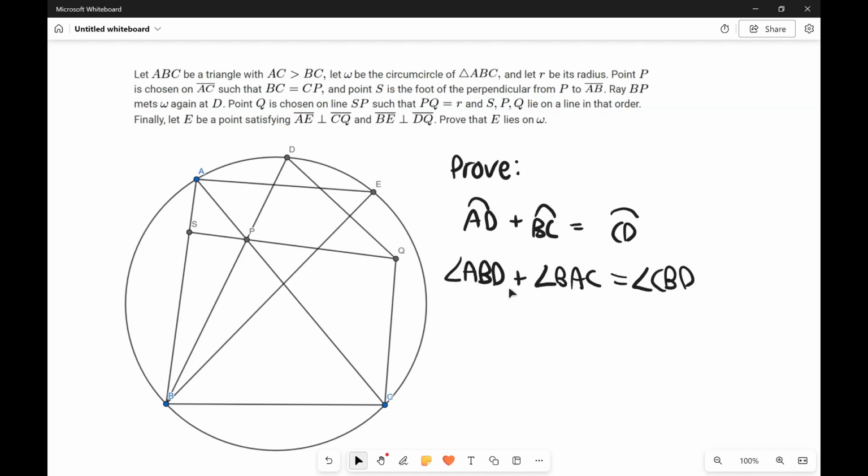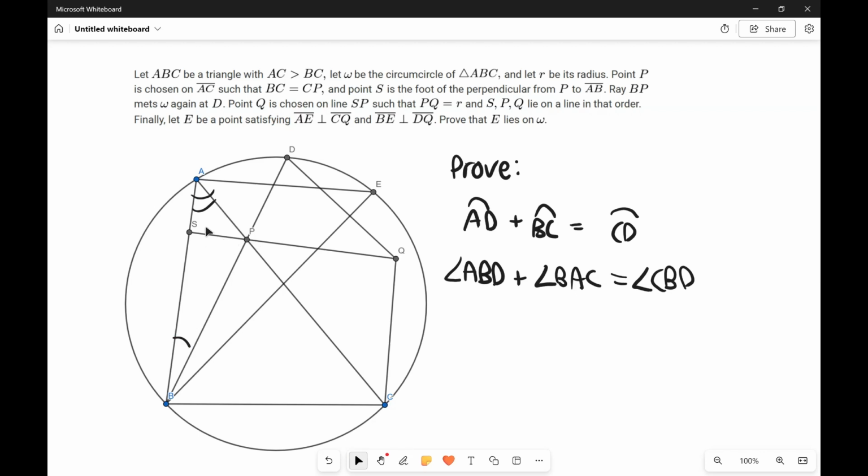So let's try looking at this left-hand side here. We have that ABD is this angle here, and BAC is this angle here. By the sum of the angles in the triangle, the sum of these two angles here is 180 degrees minus this angle here. And 180 minus that angle is just this angle.